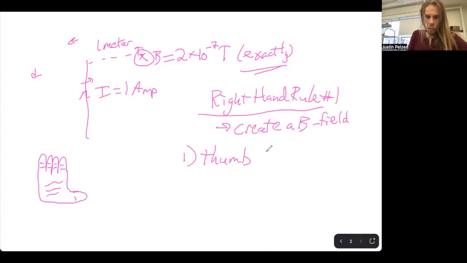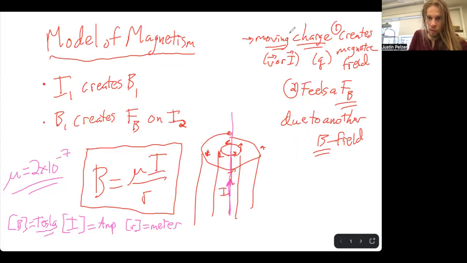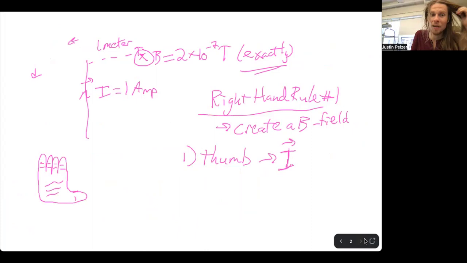So your thumb points in the direction of the current, which has a vector direction because it's a flow. It's a movement of charge. Once again, moving charge. This is easy. Keep it easy. Everything on here is extraordinarily important. If you just be exact in understanding these steps, you'll be just fine. But magnetism requires that. Without that, you might get a little lost. It's easy though, if you just follow the steps.